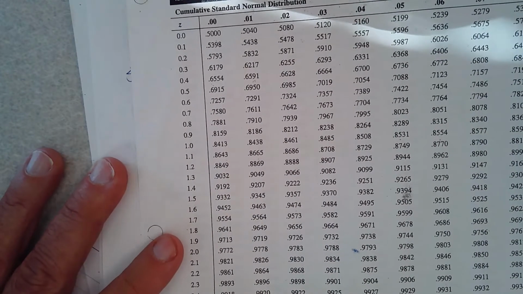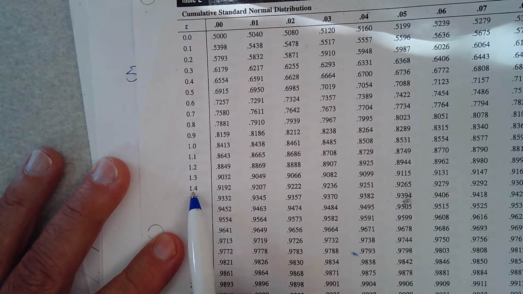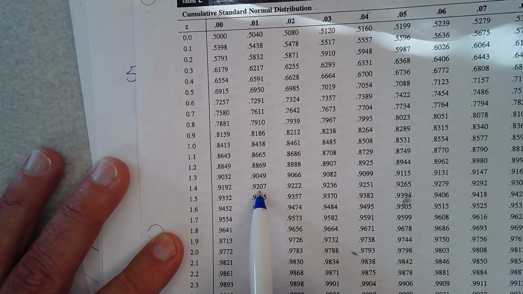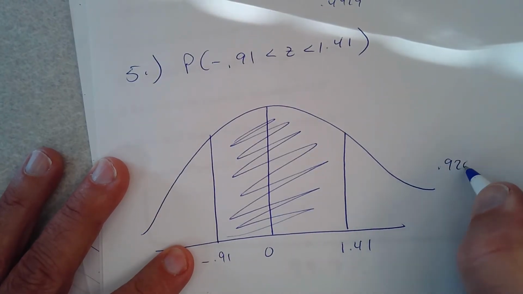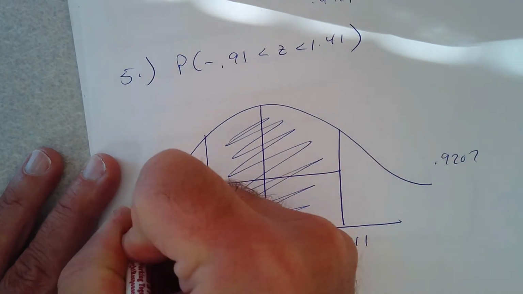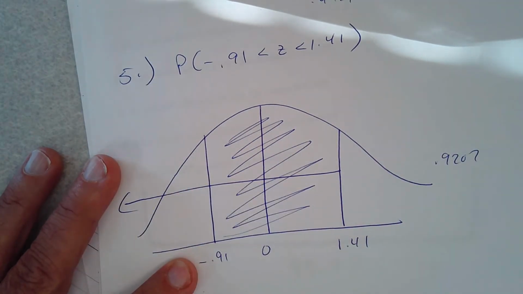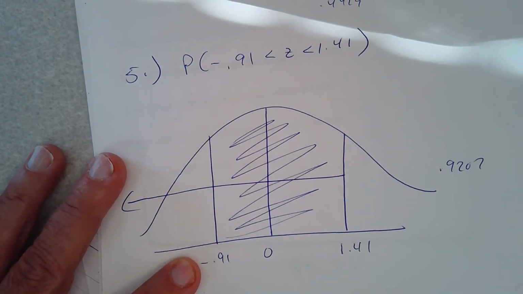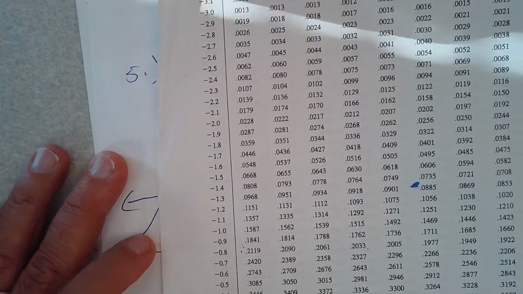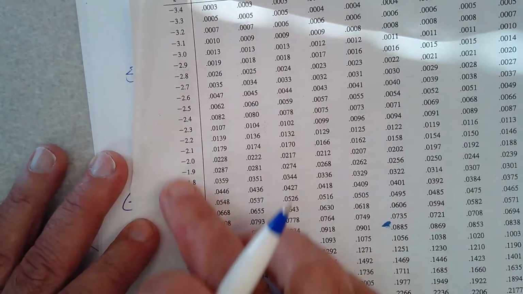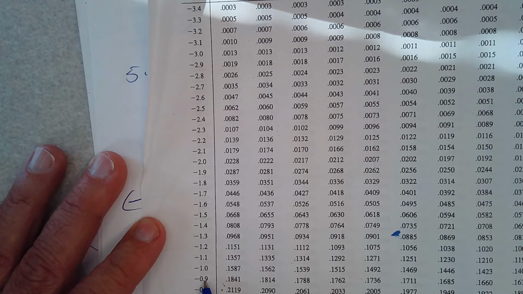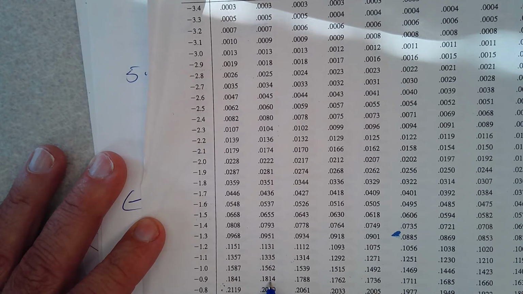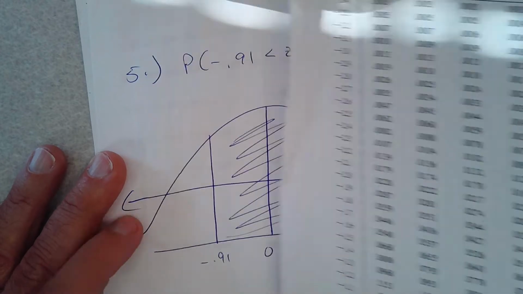So if I look at my table, 1.41 is 0.9207. Again, that is the area to the left, from here all the way down to the left. If I want to find a z-score of a negative value, make sure you're looking at the negative values. Negative 0.9 and then over to 1 is going to be 0.1814.